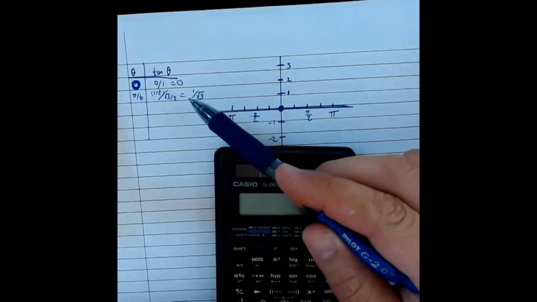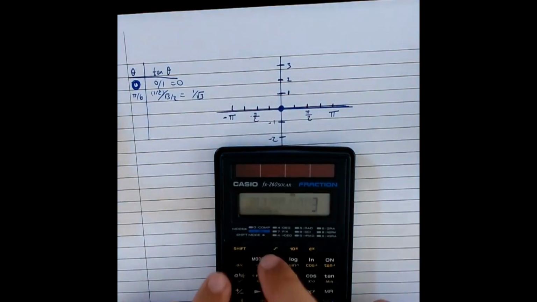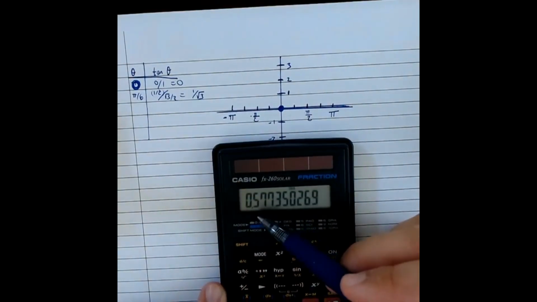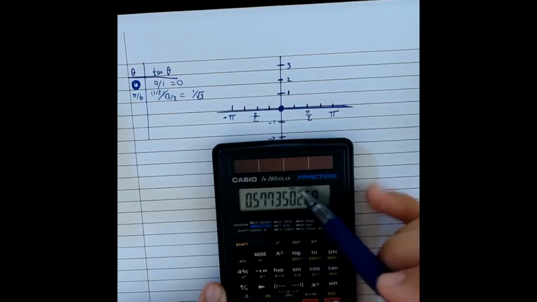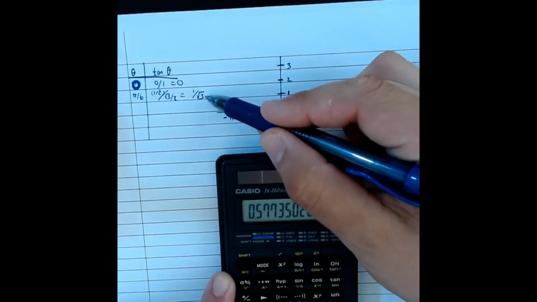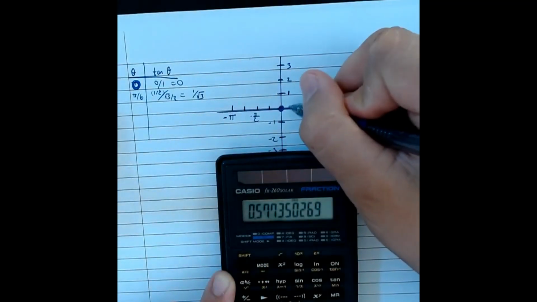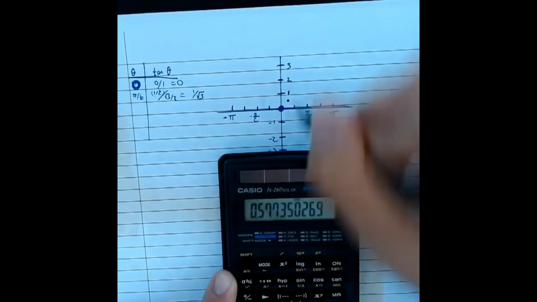If we needed the exact value, it would be this, which we could then rationalize. But since I'm trying to graph this, let me just see what it looks like as a decimal. That's about 0.57, give or take. So if your angle is pi over 6, you get approximately 0.57. So about halfway up right here, a little bit more than halfway up.